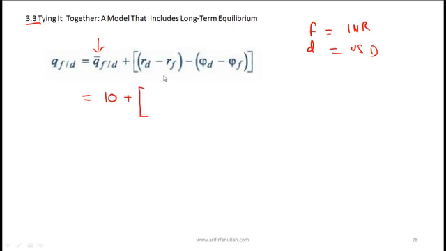we add the difference between the real interest rate in the domestic currency minus the real interest rate in the foreign currency. So let's say that the real interest rate in the US is 2%, and let's say that the real interest rate in India is 3%. So we have this number over here, and then minus we have the, actually, this is the risk premium on the domestic currency.